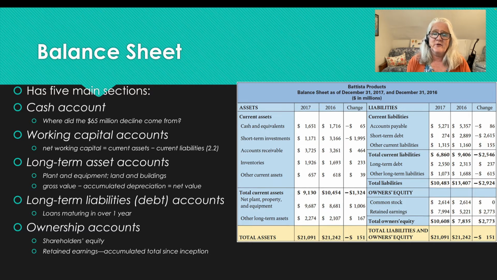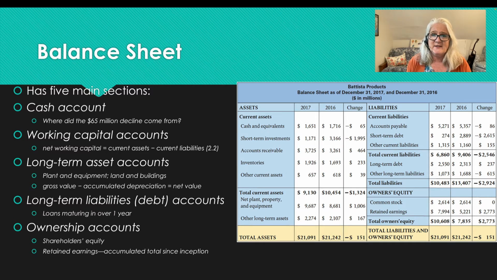And then there's retained earnings, which is the net income that is generated by the company year over year over year, net of any dividends that are paid out. So retained earnings are the earnings that stay in the company. Dividends or owner's withdrawal are monies that flow out and are recorded in the statement of retained earnings.